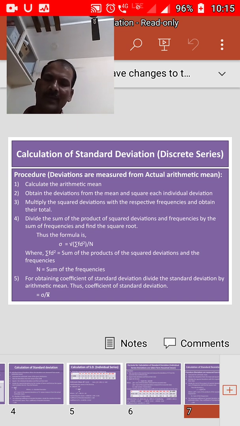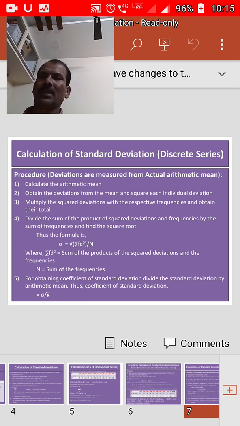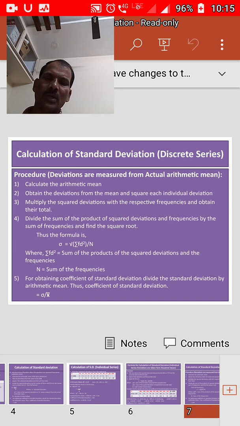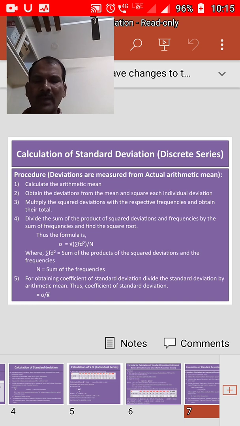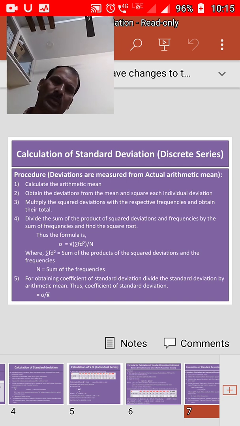According to the procedure, the first step is to calculate the arithmetic mean. Second, obtain the deviations from the mean and square each individual deviation. Third, multiply the squared deviations with the respective frequencies and obtain their total.